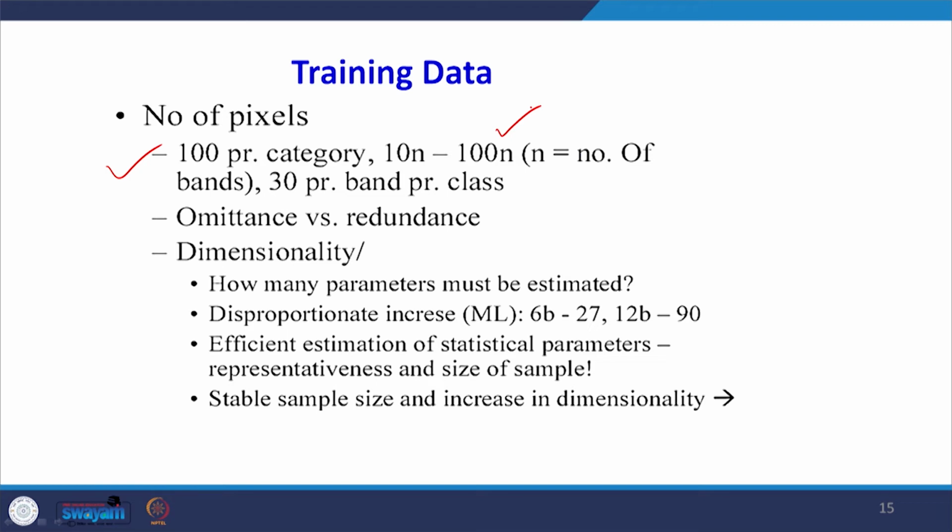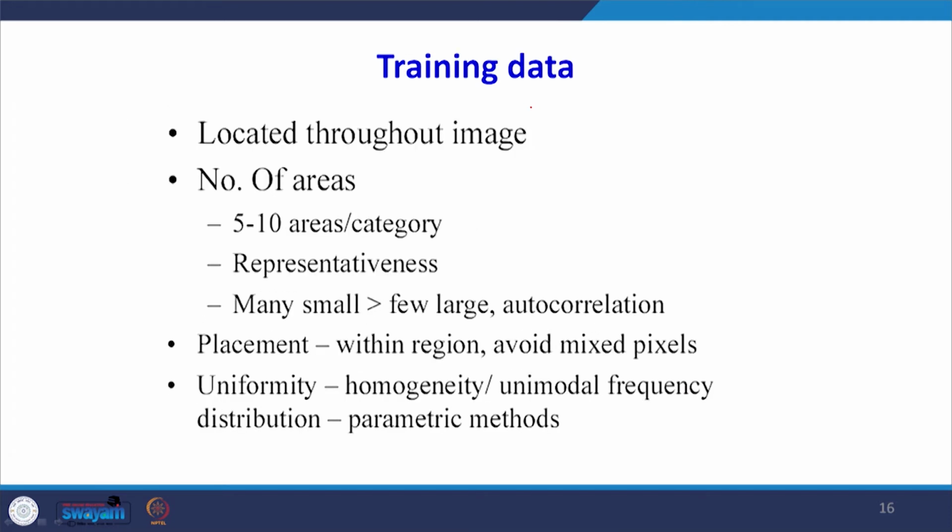It also depends upon the size of the area, and upon the homogeneity of the classes, how big the class is. They should be located throughout the image, and how many areas should there be for one class? Let us say forest area, how many samples should I go for in the image? 5 to 10 per category is given.